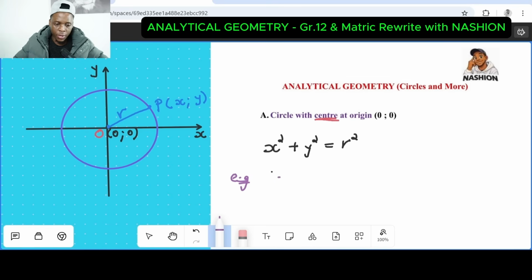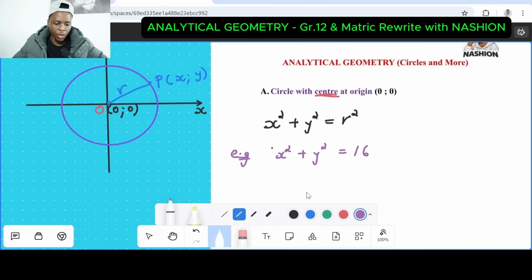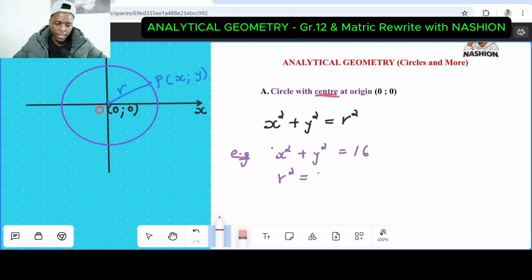Example, let's say we have x squared plus y squared is equal to 16, and we are asked to write down the value of the radius. Since we know that this 16 is in the place of r squared, we say r squared is 16, and the radius is going to be plus or minus the square root of 16.